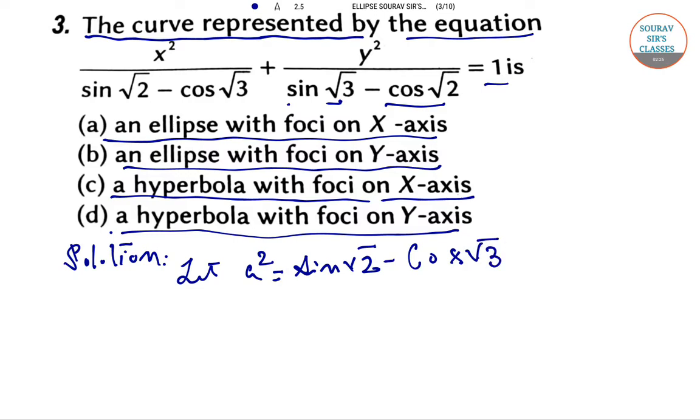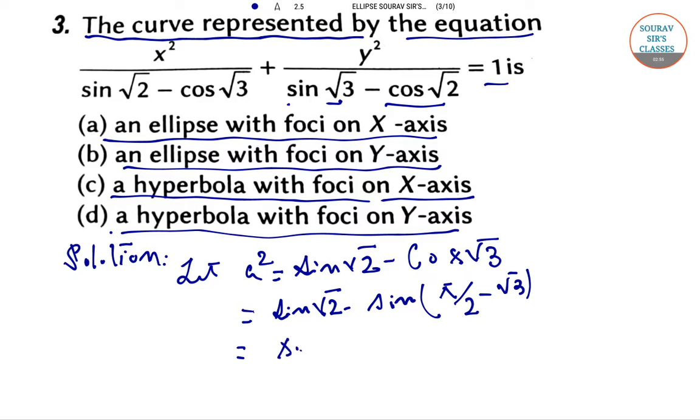Then we can write it as sine root 2 minus sine, because cos of pi by 2 minus theta is sin theta, so we can write like this.